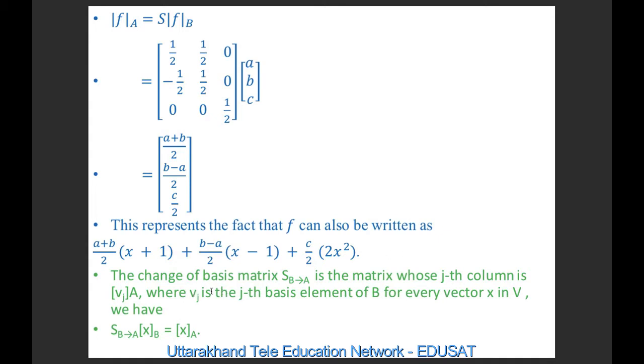So the change of basis matrix S from B to A is the matrix whose jth column is [vj]A, where vj is the jth basis element of B, and for every vector x in V we have S from B to A times xb equal to xa.